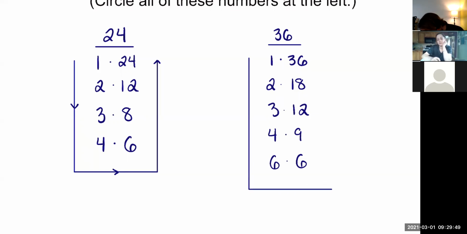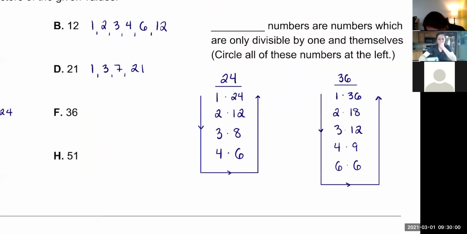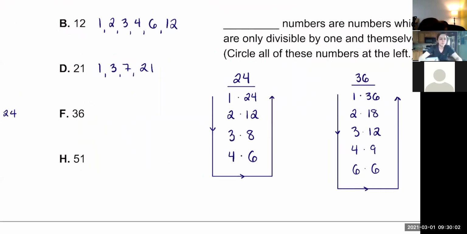And now I know that I don't have to go all the way back to 36 again. I've already covered everything because I've written them in pairs. So the factors of 36 are 1, 2, 3, 4, 6, 9, 12, 18, and 36.